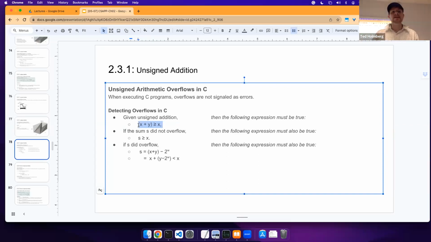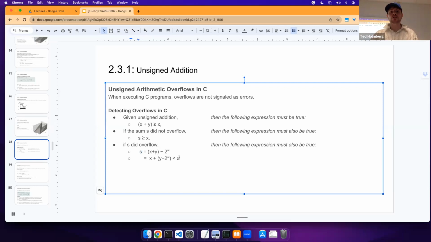Okay, so if we accept that that's true, then if the sum S did not overflow, the sum should also be greater than or equal to X. And all we did here was replace S with that expression X plus Y. Now, we can detect an overflow because if our S is mathematically less than X, then that means we dropped a most significant bit and re-encoded in a value that was less than what we started with.